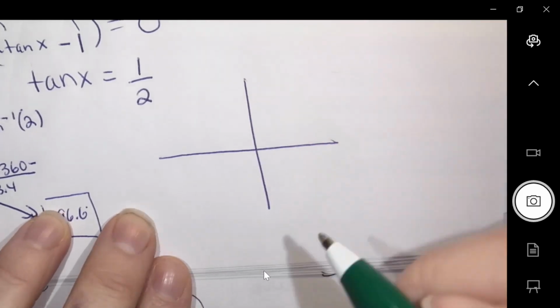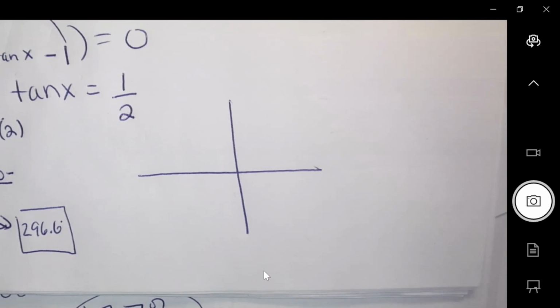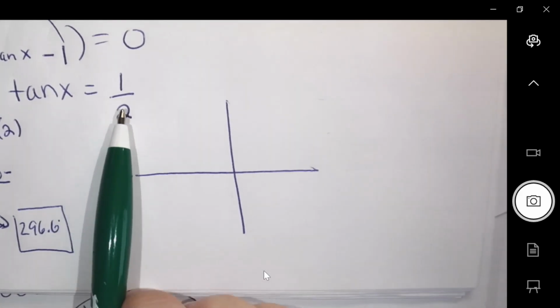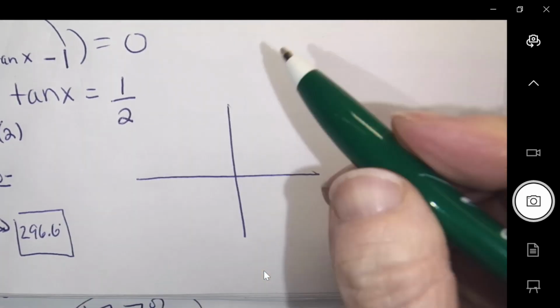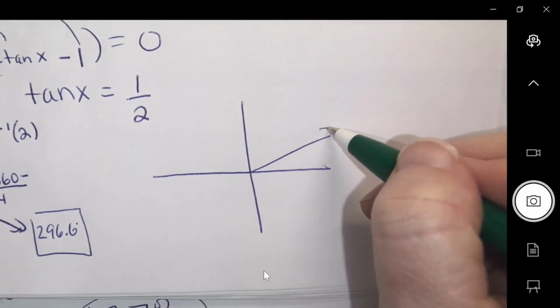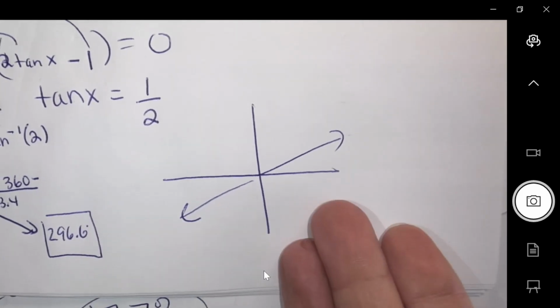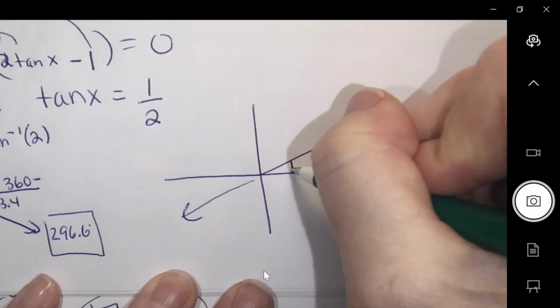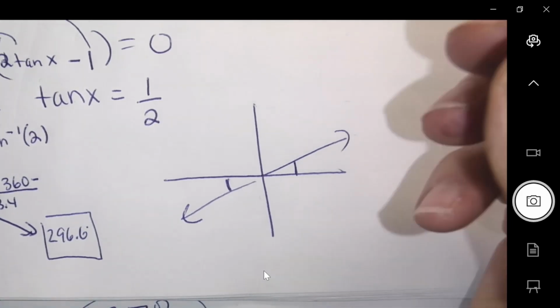Okay, so we actually have 2 more answers. Now, the next set: what angle would have a tan value of 1/2? Where would this angle be? Positive tan, so obviously these two are opposite of each other, negative tan and positive tan. I need what I call a reference angle.